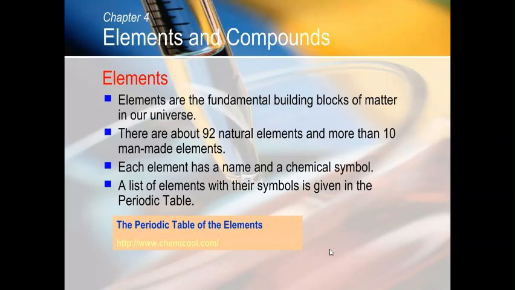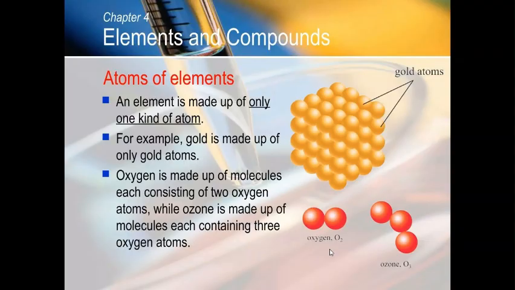A list of elements with their symbols is given in the periodic table, and you would usually find this in your class. You would usually do this in your chemistry class. They would go over basic chemical elements such as beryllium and zinc. So let's look at atoms of elements. Any element is made up of only one kind of atom.